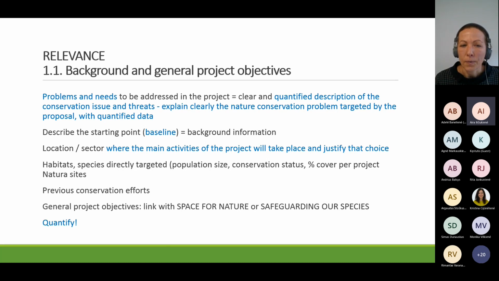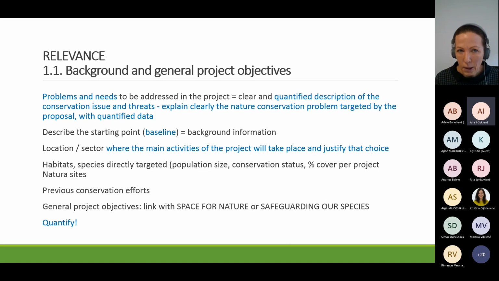And of course, for the nature projects, you also have location, and for others, you also have the sector where the activities take place, and habitat species directly targeted, previous conservation efforts, and you go down to general project objectives. So this is the part where you lay out all the story of your project, so that the evaluator knows that it is an important problem that needs to be solved.